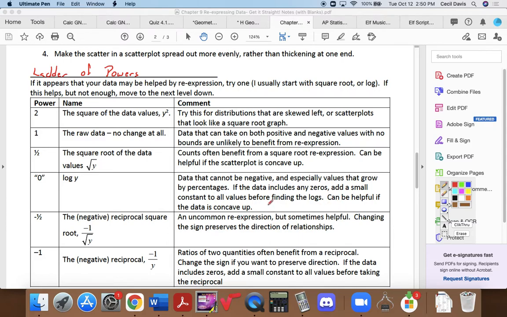This is helpful if your data is concave up. Does everybody know concave up? Like this. Yep. So if your data does like this, actually just this part, if your data is concave up, taking the logarithm, which is concave down, can flatten that out sometimes.